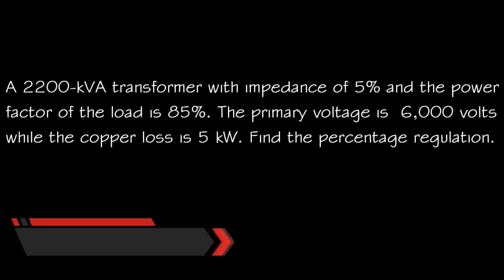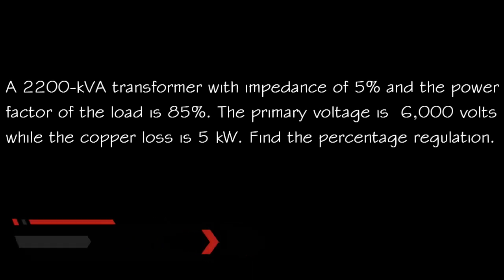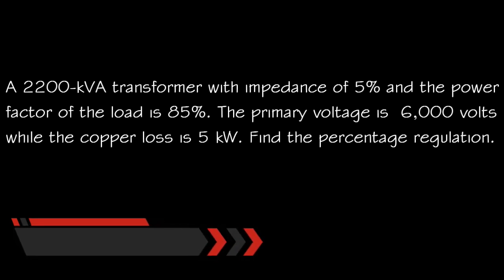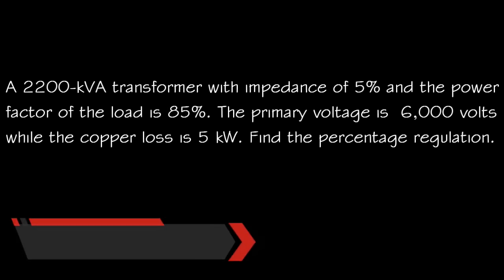A 200 kVA transformer with impedance of 5% and the power factor of the load is 85%. The primary voltage is 6,000 volts while the copper loss is 5 kilowatt. Find the percentage regulation.